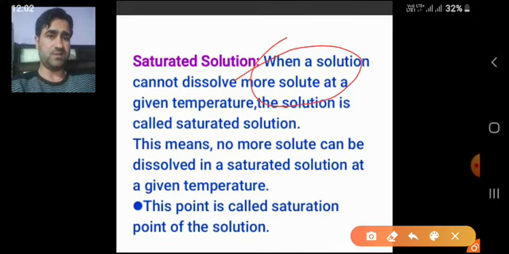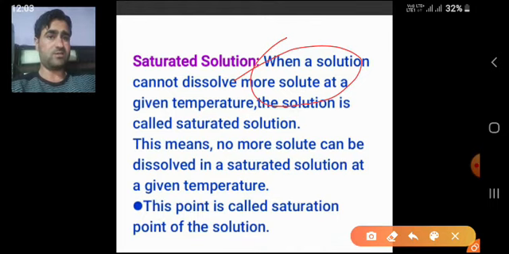For example, like I said, at 20 degree centigrade, 204 grams of sugar can be dissolved in 100 ml water. Similarly, at same 20 degree centigrade, we can dissolve 36 grams of common salt in 100 ml water. At the same time, only 21 grams of copper sulfate can be dissolved in 100 ml water at 20 degree centigrade.